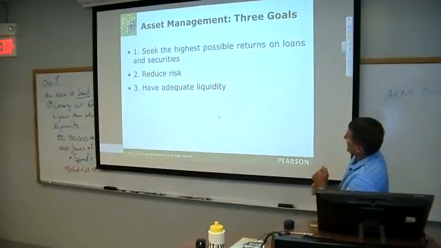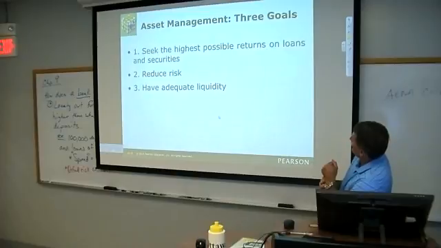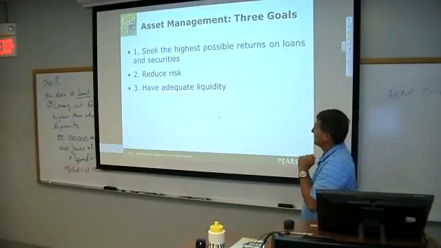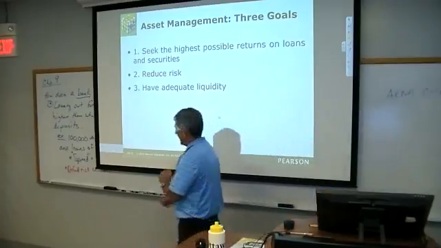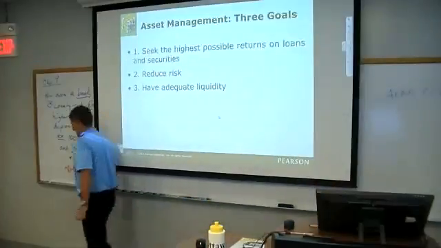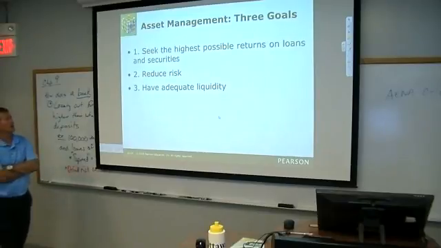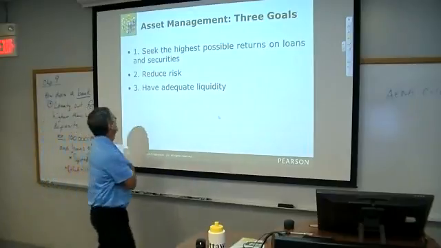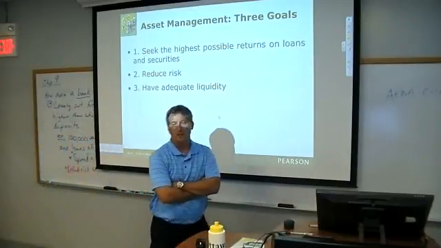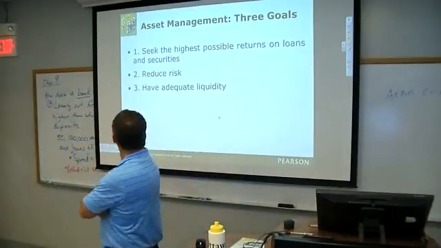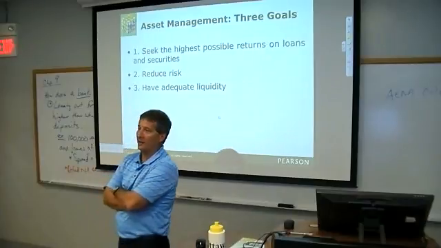So 3 goals with asset management: seek the highest possible returns on loans, reduce risk, have adequate liquidity. Sounds like 3 noble goals. Why is it difficult for all banks to meet all those goals all the time? Seek the highest possible return on loans and securities, reduce risk, and have adequate liquidity.